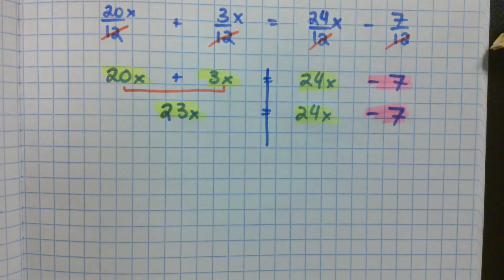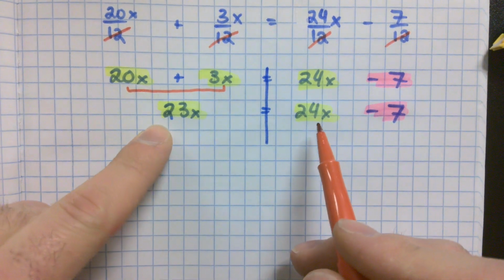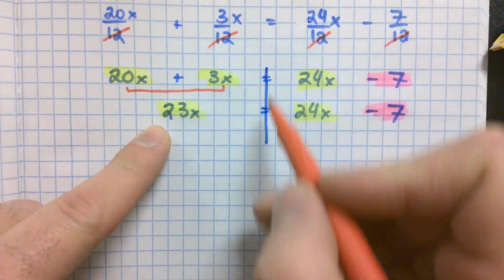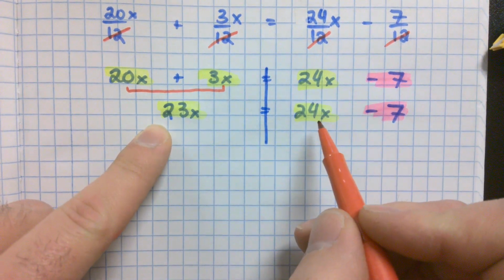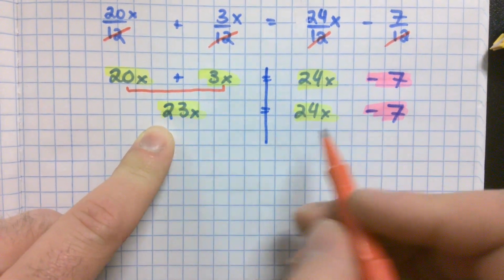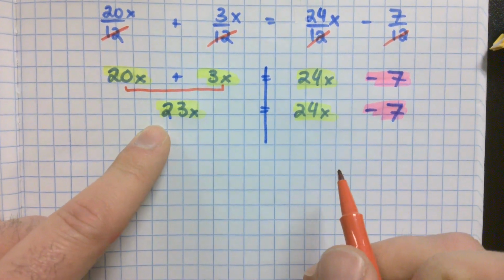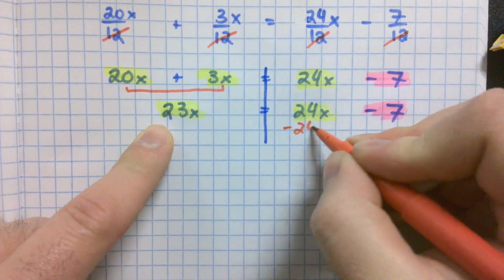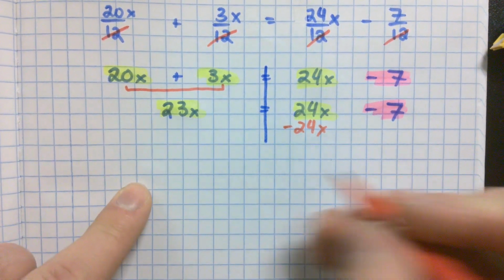What can I do next? Well, I have two more yellow terms I want to combine, but they're across this kind of dividing line here. So if I want 24x to jump over that line, what would I have to do? Subtract 24x, because the inverse of 24x is negative 24x.